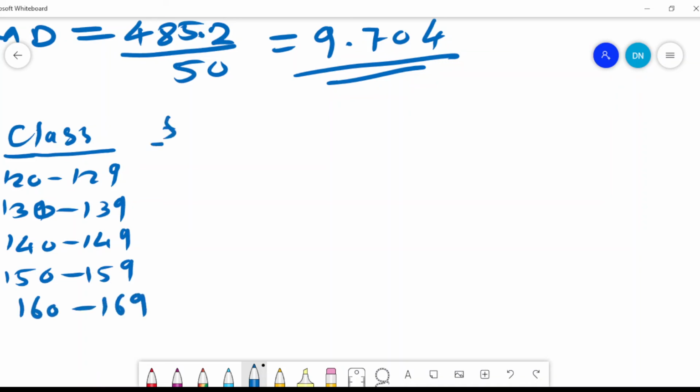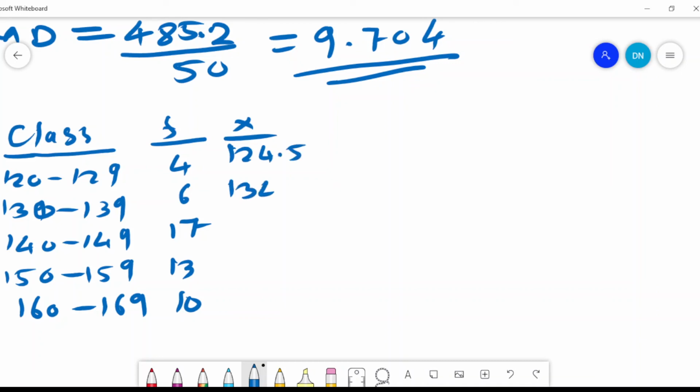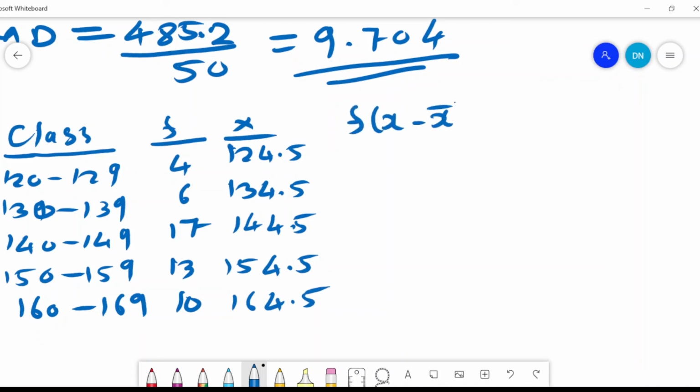We have the frequencies as 4, 6, 17, 13, and 10, and the midpoints we have are 124.5, 134.5, then we have 144.5, 154.5, and 164.5.